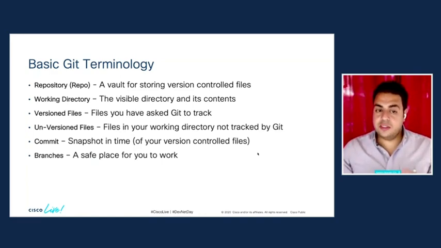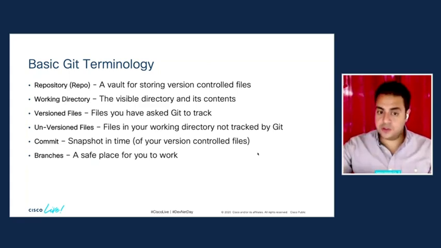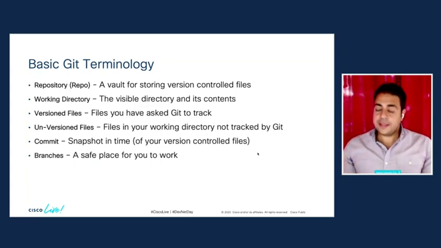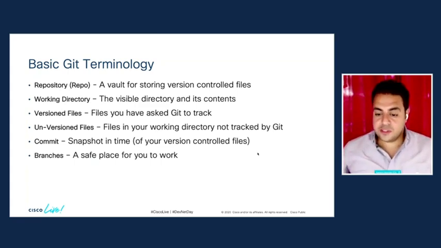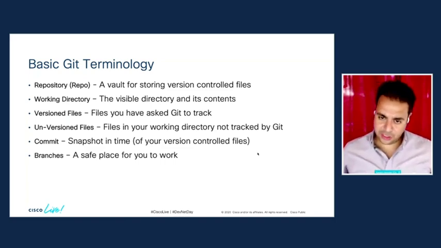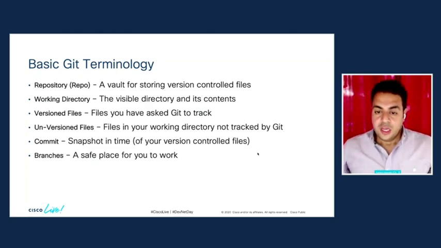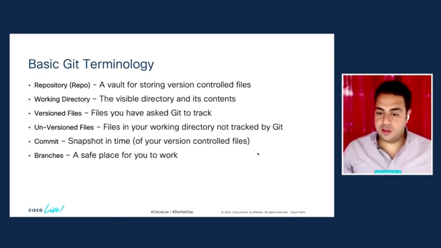Working directory is the visible directory and its content. This is where you have everything. Versioned files are files that you told Git that you want to track. For instance, it could be your Python code, your SDKs within your project, or documentation that you've used. It could be any of that. On unversioned files, well, you're going to ask me, if I have a project, wouldn't I need to keep track of everything?